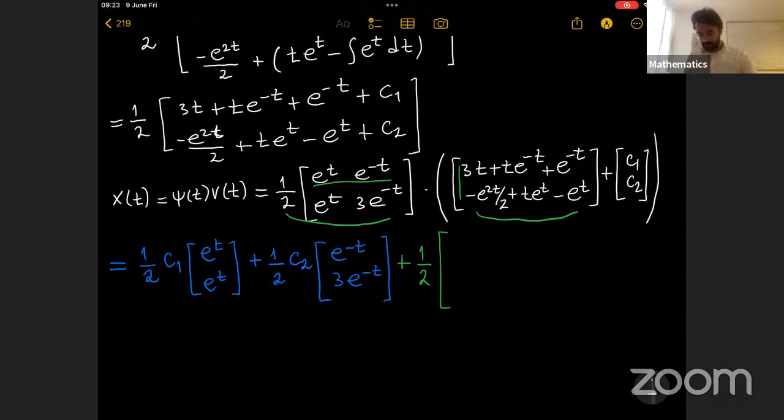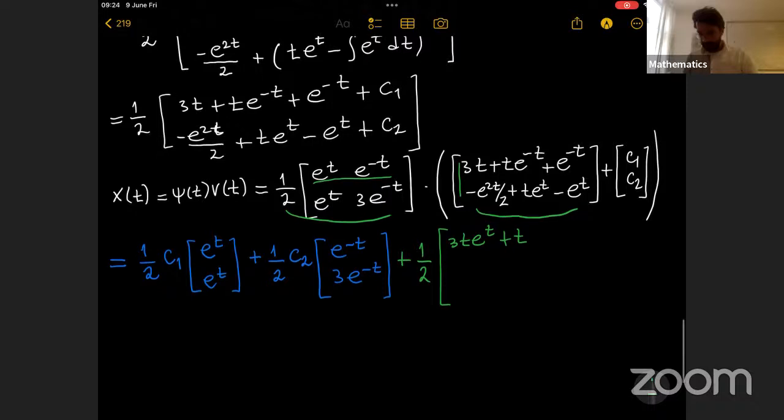So it's going to be 3t e to the t plus t plus 1. Now you multiply the second row of the second matrix with e to the minus t. So it's going to be minus e to the t over 2 plus t minus 1.